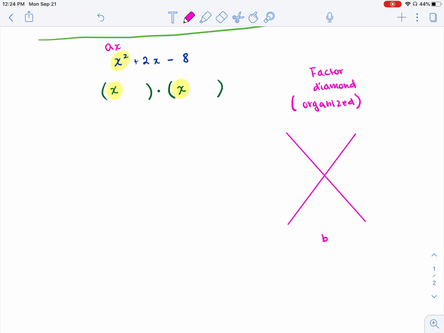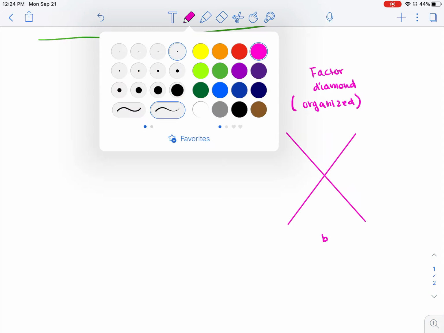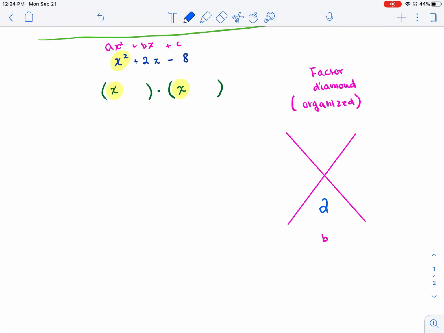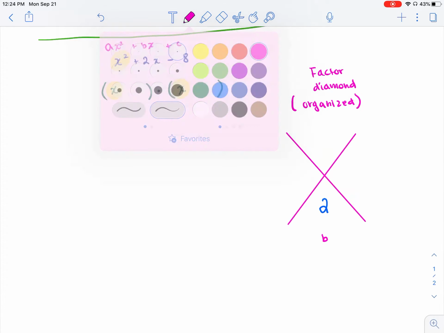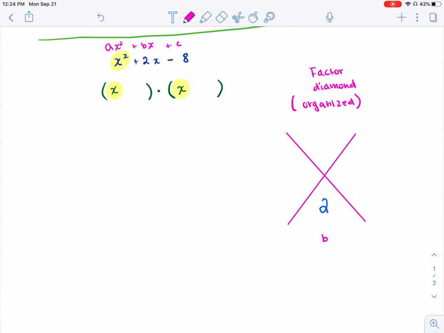If I were to show you the standard form template, right now B is 2, so I'm going to put the 2 right here in my factor diamond. And on top of this factor diamond, we're going to put A times C. You'll notice A is 1, so it's 1 times -8.